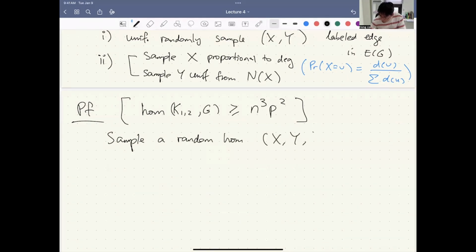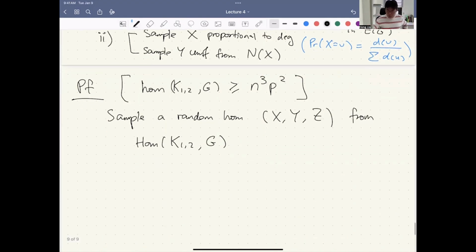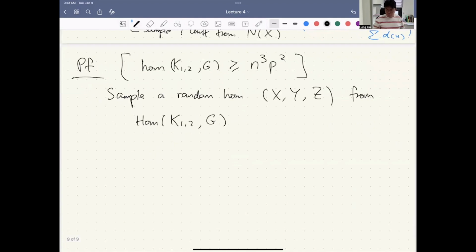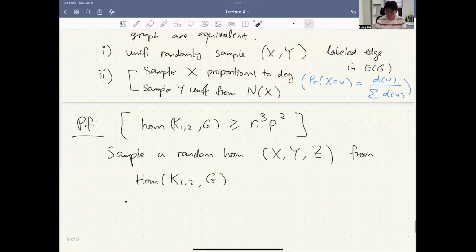Let's view this homomorphism as x, y, z, a vector from the set of all homomorphisms of K_{1,2} to G. x, y, z are the images of the three vertices of K_{1,2} in G. How do we sample it? Two-stage process. First, we sample a labeled edge xy uniformly at random, which is this guy.